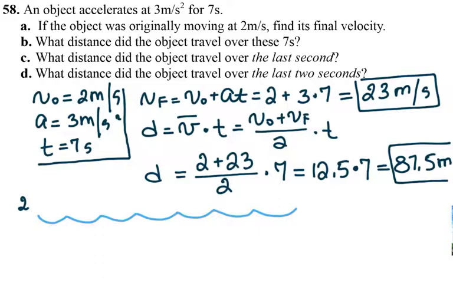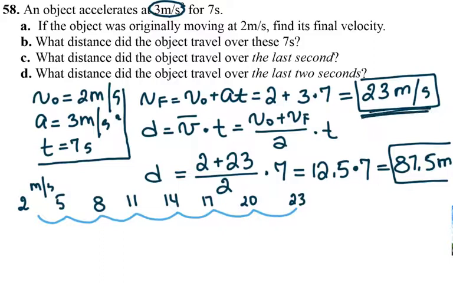Then acceleration is 3, so in a second, I have 5 meters per second. So these are my meters per second: 5, then 8, then 11, then 14, 17, 20, and 23 meters per second. So I have 23 meters per second in 7 seconds.